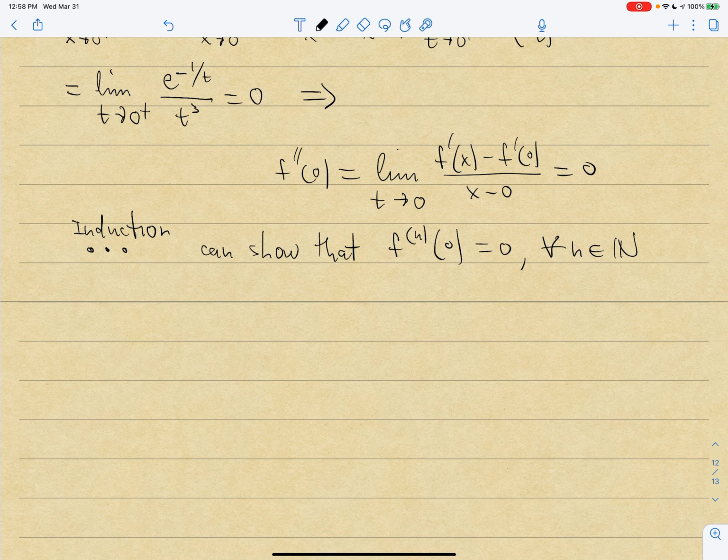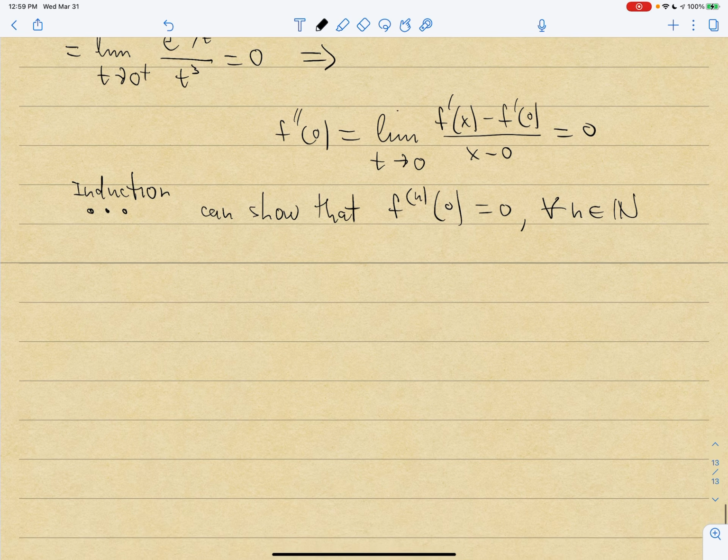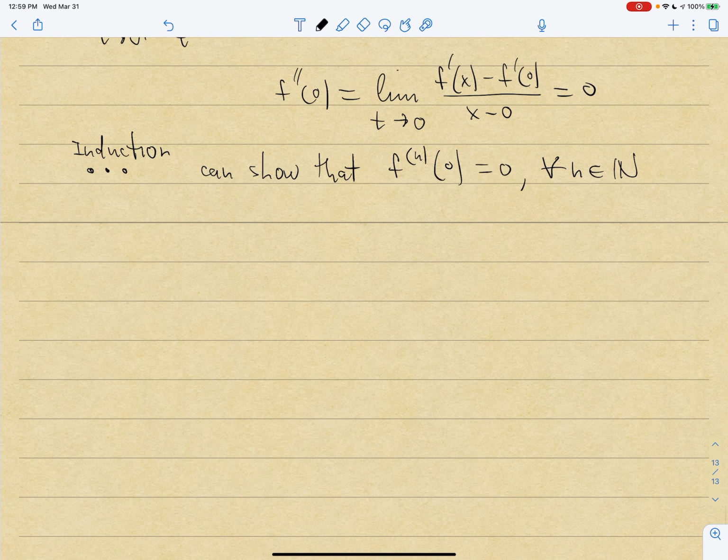Right, so the function that we defined, even though it is piecewise defined, it ends up being differentiable infinitely many times at 0, and all derivatives of that function, in fact, are equal to 0.